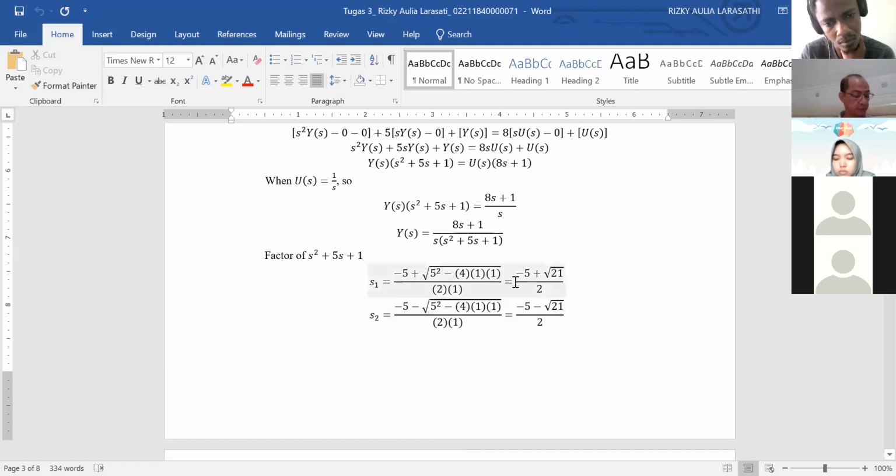So we get s1 equal (minus 5 plus square root of 21) per 2, and s2 equal (minus 5 minus square root of 21) per 2.